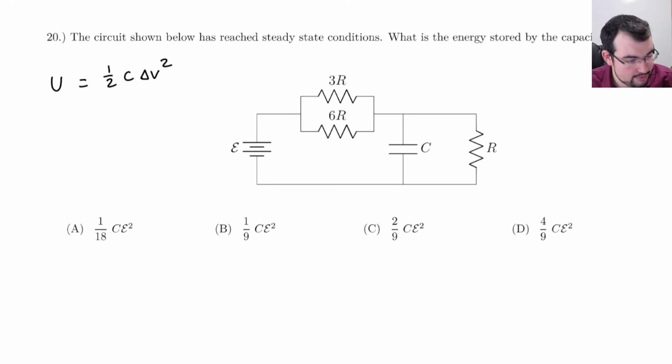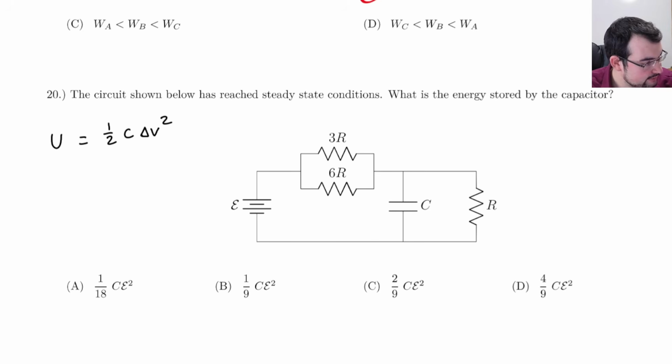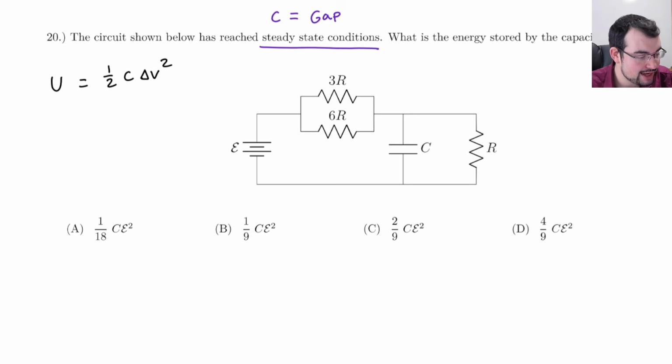So steady state, what does steady state mean? Well, steady state for a capacitor means that C is equal to a gap because after a long time, the capacitor's charged, so it's pushing against. There's no extra charge flowing down its branch to charge it. There's no current down that branch.